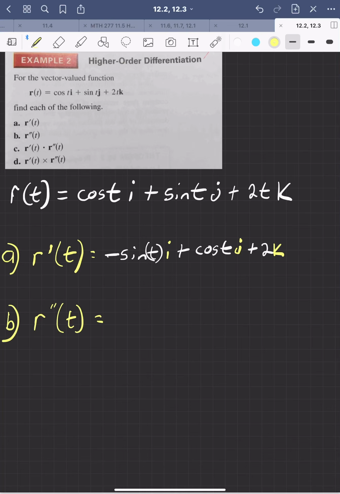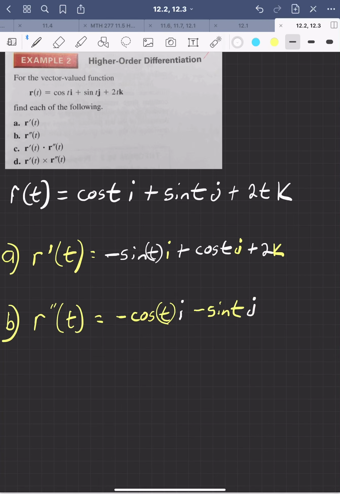But nevertheless, let's just get back. R double prime, so the derivative of negative sine of t would be negative cosine of t. And the derivative of cosine would be negative sine of t.